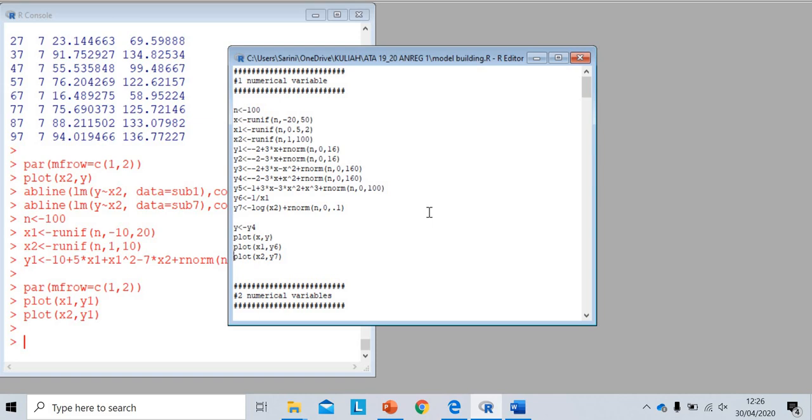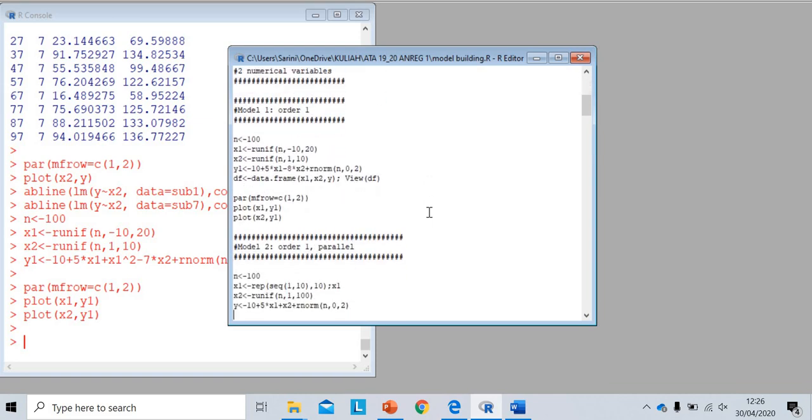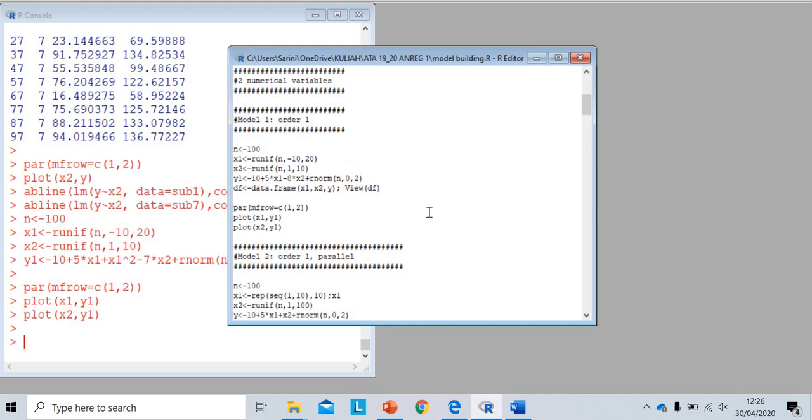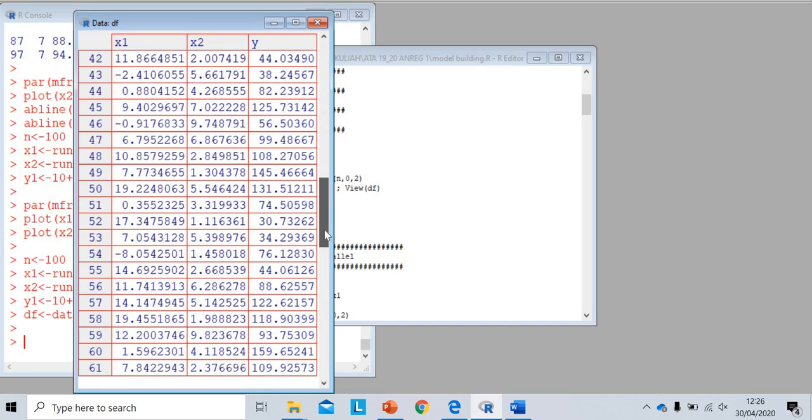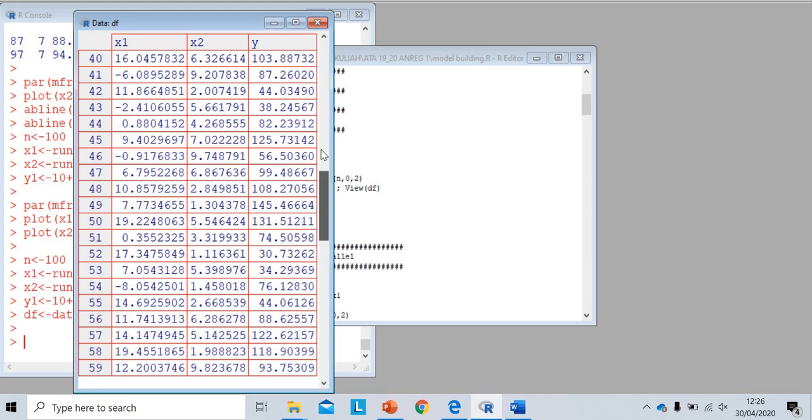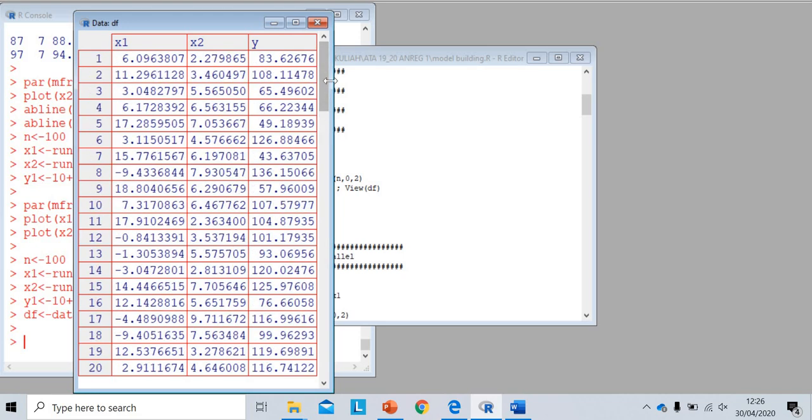I have created some code to generate the simulated data. I generated a sample of size 100 consisting of two explanatory variables and one response variable.